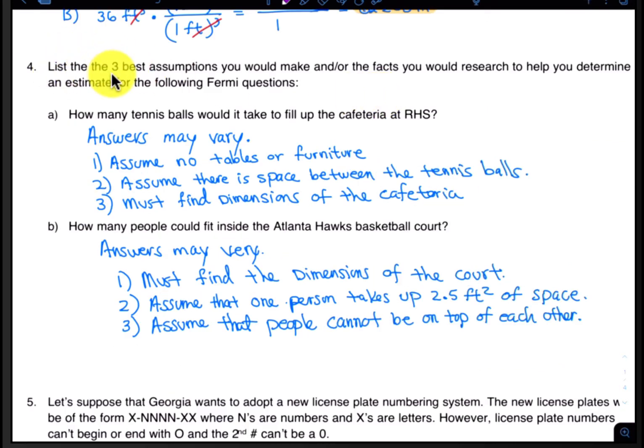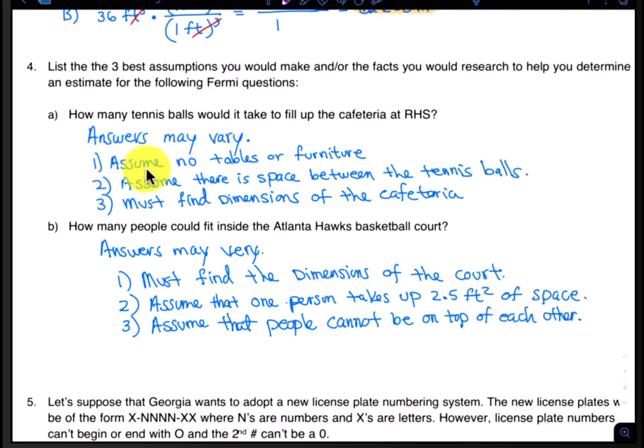For question 4, it says, list 3 best assumptions that you would make and/or facts that you would research to help you determine an estimate for the following Fermi questions. So in part A, how many tennis balls would it take to fill up the cafeteria at RHS? So I just wrote down a few things that might come to mind, but answers will vary here.